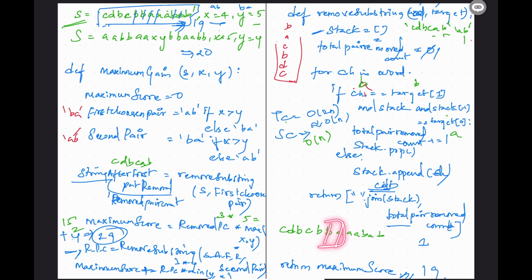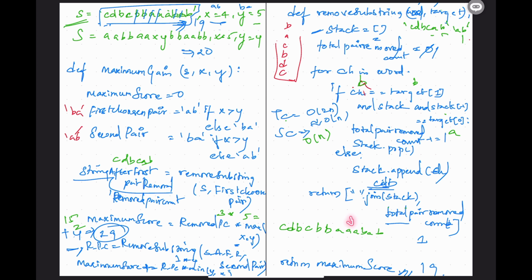If you would have removed this BA, okay, so if I keep 2 indices, I and J, let's assume. I is here, J is here. Now I found that j minus 1 and j minus 2 equal target of 0 and target of 1. So I'm going to remove that.